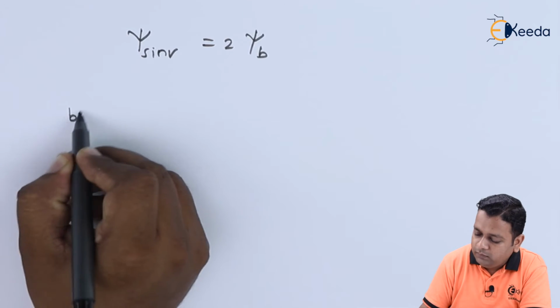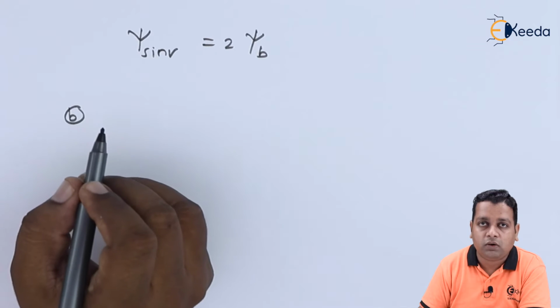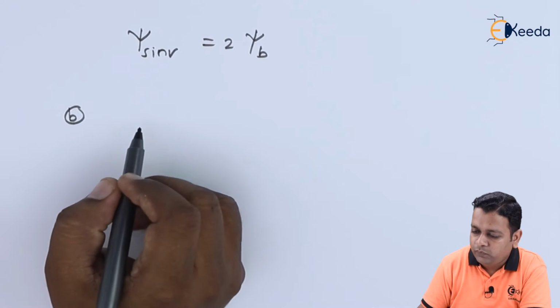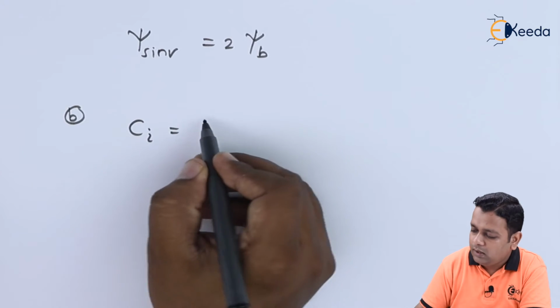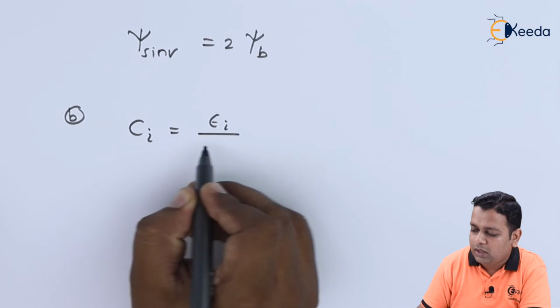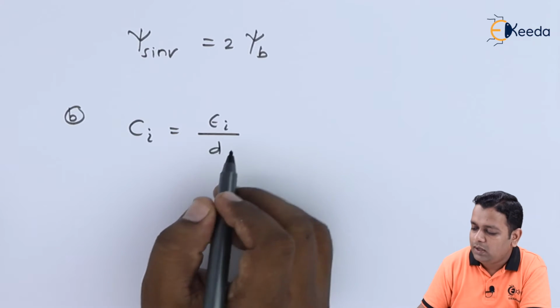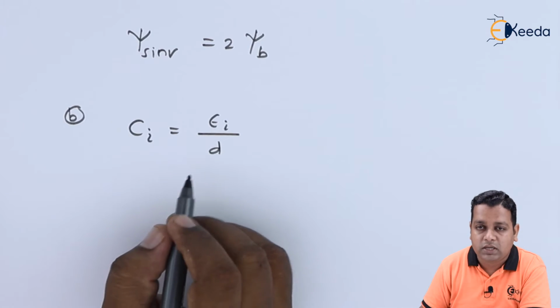Now in part B, we focus our attention on the calculation of the capacitance. The insulator capacitance can be denoted as C suffix I, and it will be simply the ratio of epsilon suffix I divided by the dimension of D here.